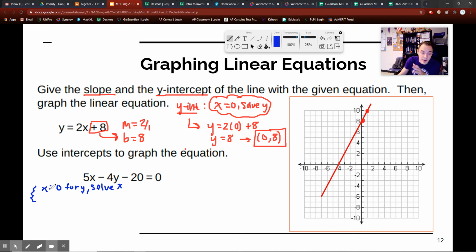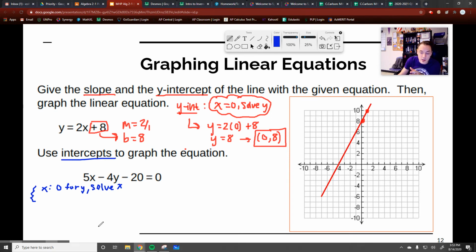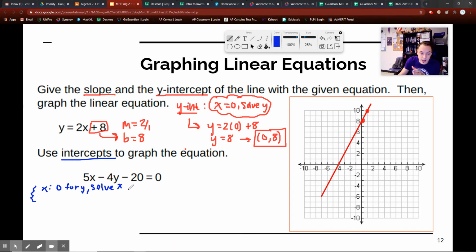If I want to find my x-intercept, because that's what I want to use, I plug in 0 for y and solve for x. So if I plug in 0 right here, that gives me 5 times x, and then negative 4 times 0 is just 0, right? Then I can move the 20 over, and so it's just 5x equals 20. Divide by 5 each, so I have x equals 4.